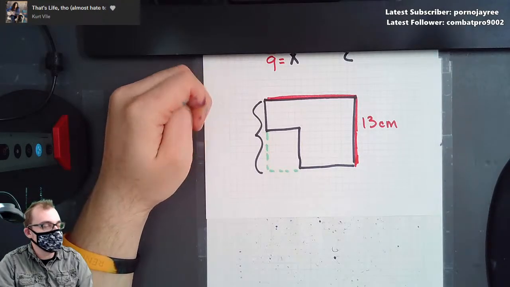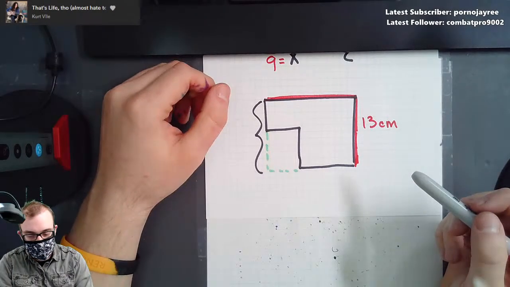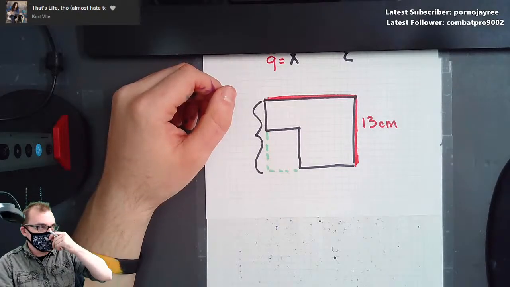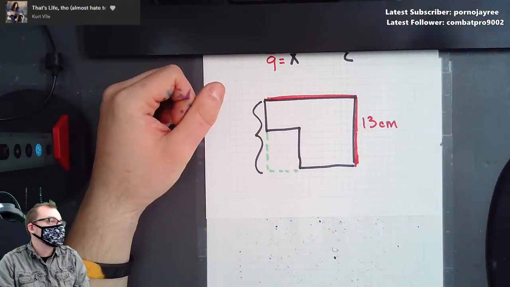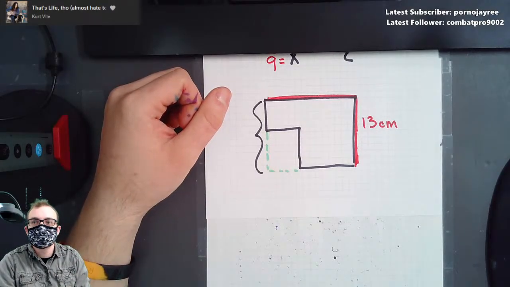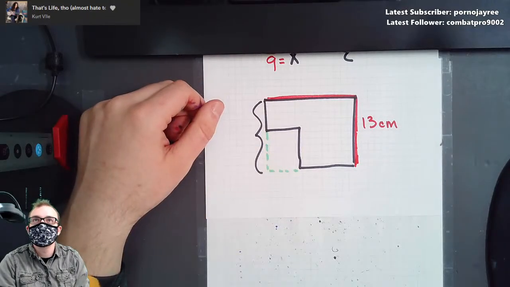Something like that. She's onto something. I'm not sure if I agree with 26. Think about it, okay? You're onto something. How long does this have to be? Yeah, if you extend it down, how long does that have to be?